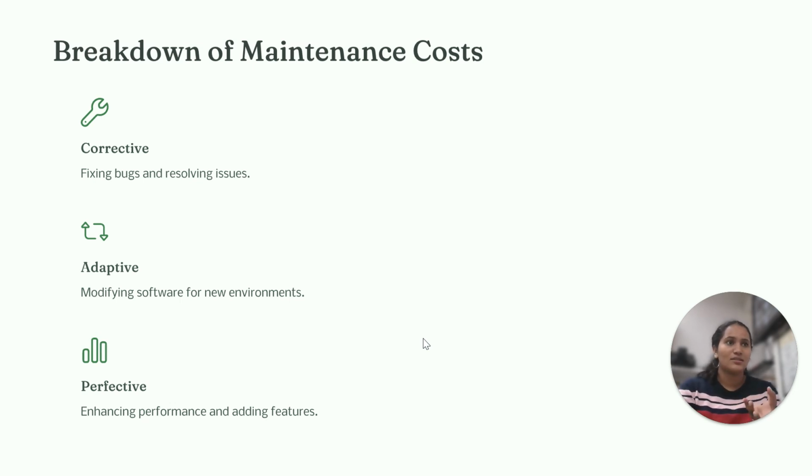Then comes the perfective maintenance cost. Perfective maintenance cost refers to enhancing the performance, usability, and functionality of the software through users' feedback and evolving needs. It polishes and refines the software to meet users' expectations. For example, take the software of a class or a school or a college.